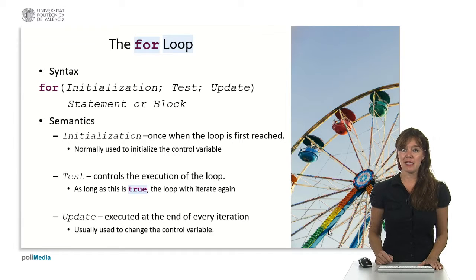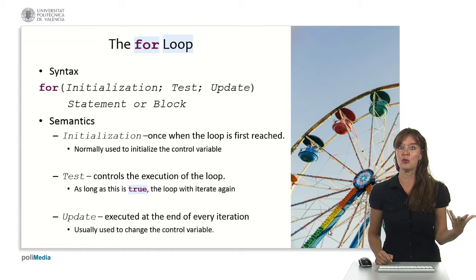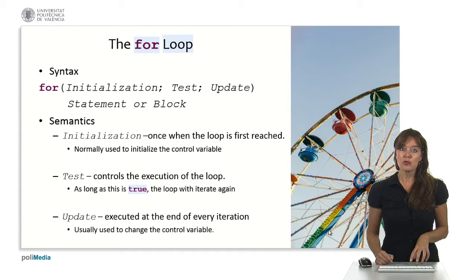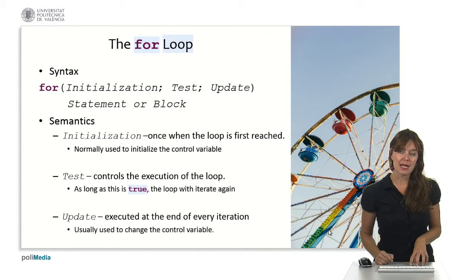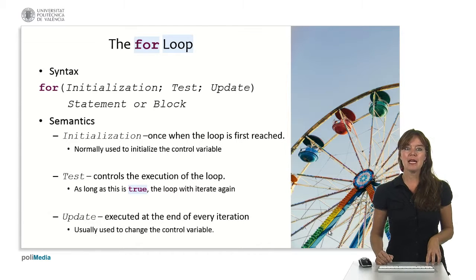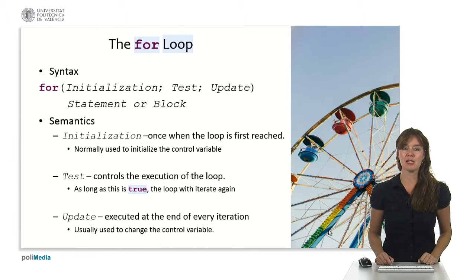And the semantics is, the initialization says, initialize your counter to this value. The counter is the control variable that controls the loop. The test controls the execution of the loop. As long as it's true, we iterate again. And update changes the control variable, the counter of the loop. So this is the syntax and the semantics of a for loop.